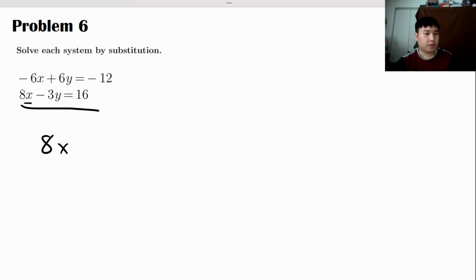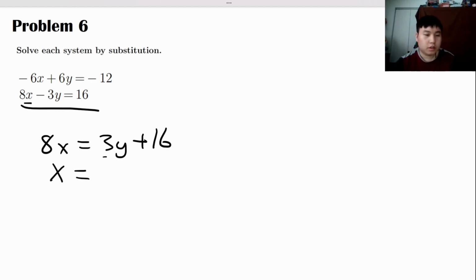The first thing I would do is add 3y to both sides, and then divide both sides by 8. Remember, be careful that when you're dividing the whole thing, you have to divide each and every term by the same number.